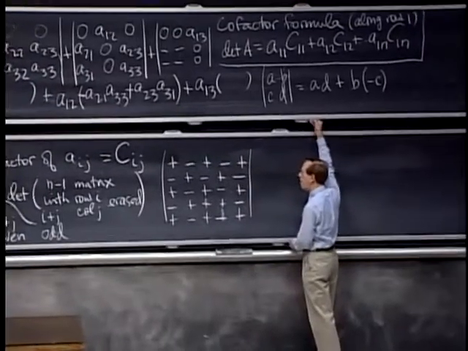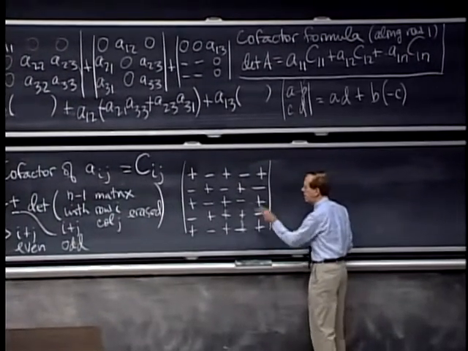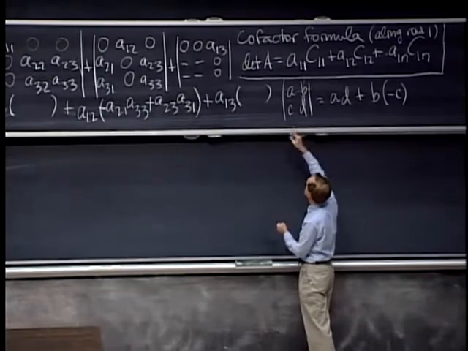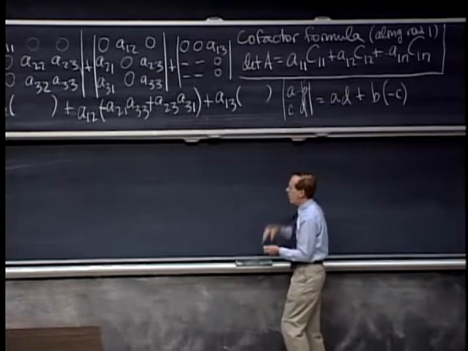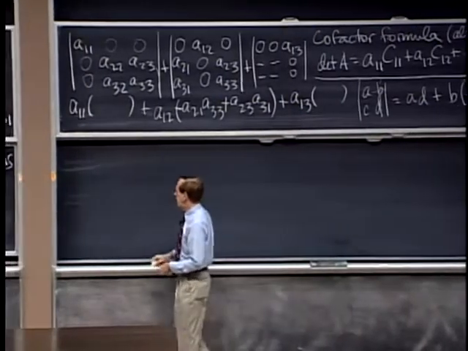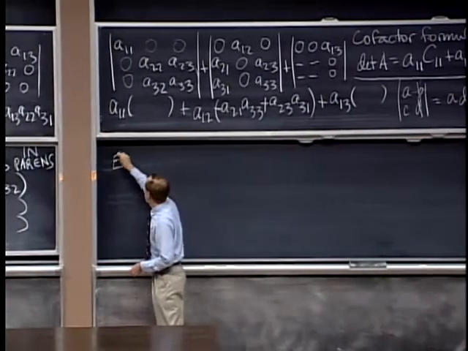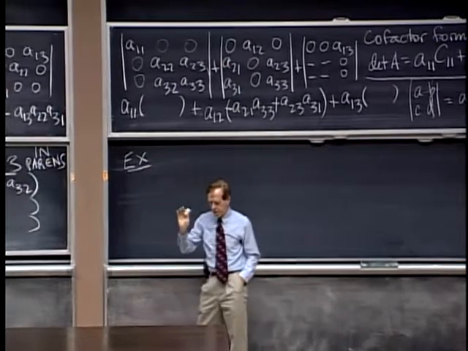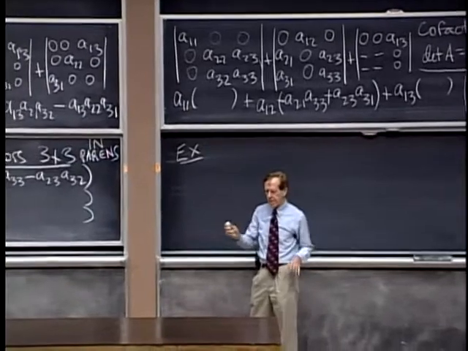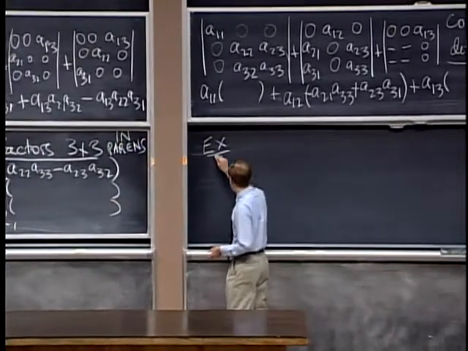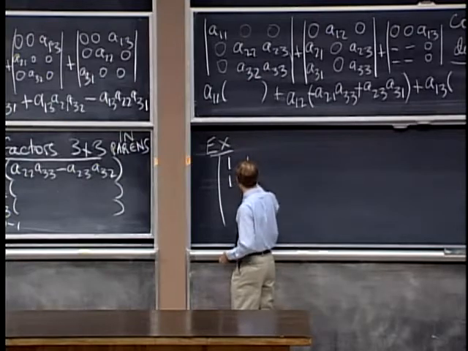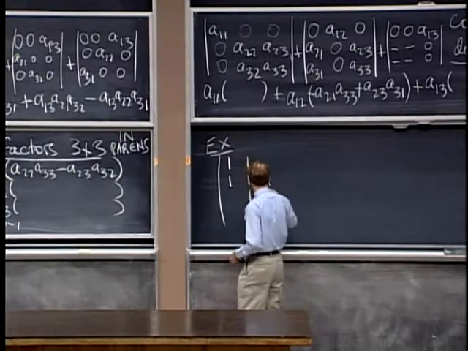So may I do one more example? I remember the general idea, but I'm going to use this cofactor formula for a matrix. Here's going to be my example. I promised in the lecture outline at the very beginning to do an example, and I'm going to pick a tridiagonal matrix of ones.